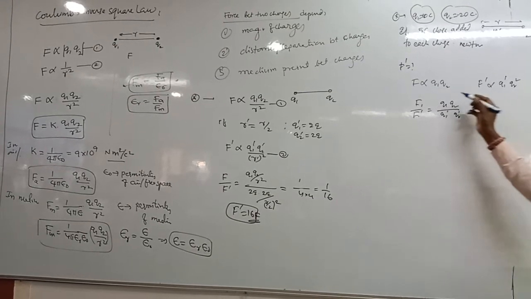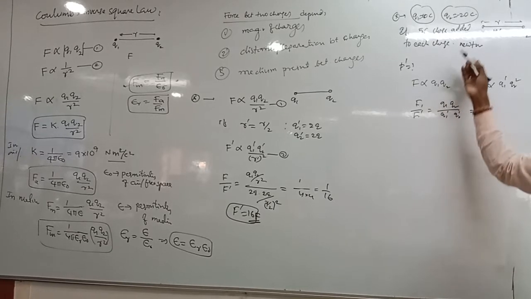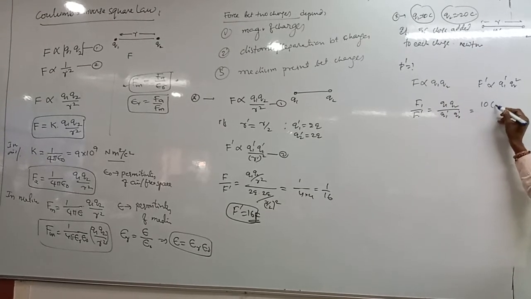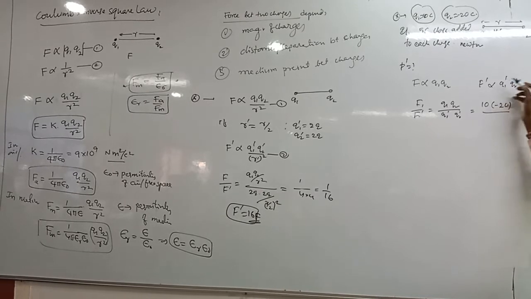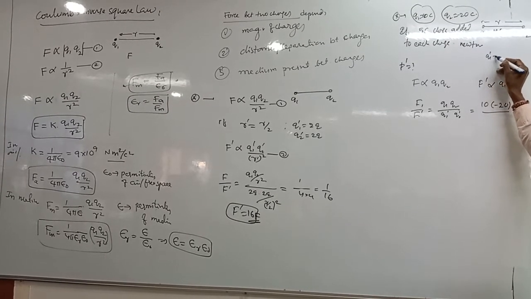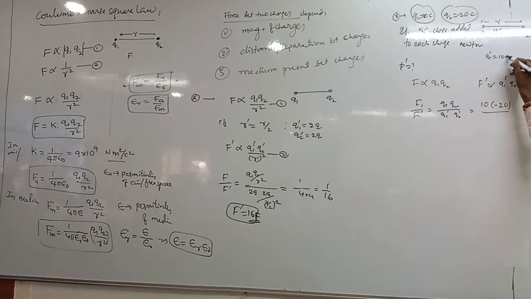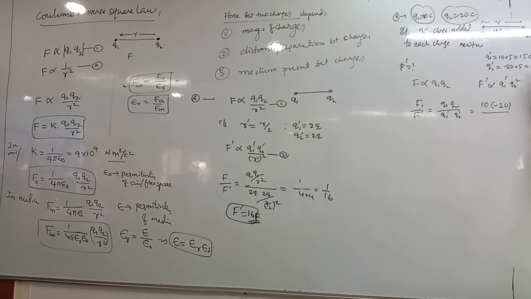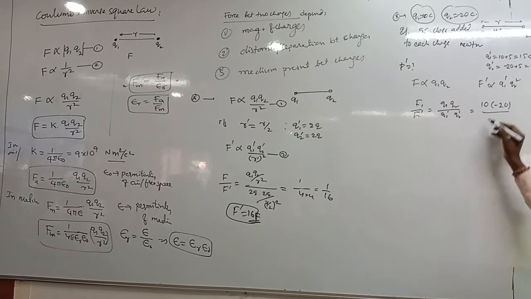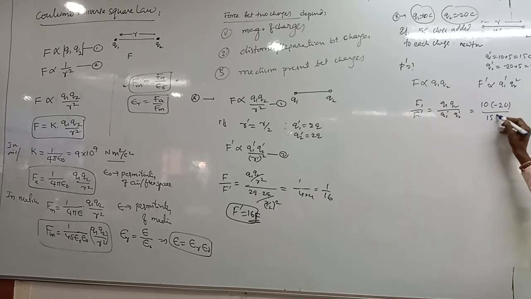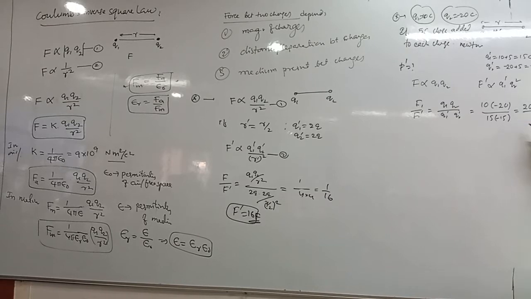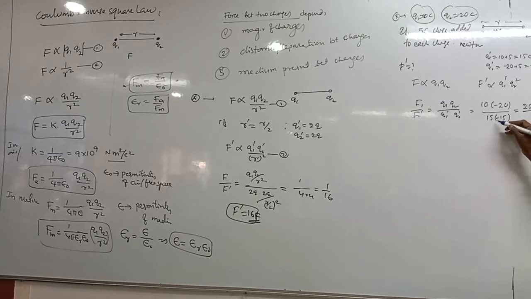Here q1 q2 is 10 into minus 20, and q1 dash is 10 plus 5, 15 coulombs, q2 dash is minus 20 plus 5, minus 15 coulombs. So here 15 into minus 15, that is 200 divided by 225, right?